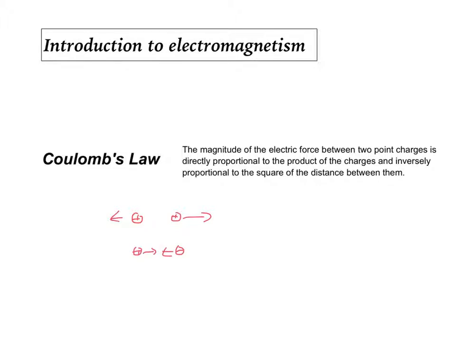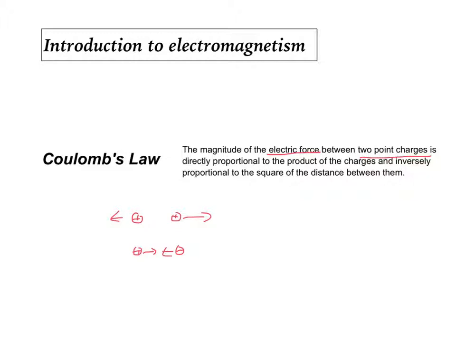And I hope you realize that there have to be forces acting on both charges. And this force is called the electric force. Coulomb's law is going to help us figure out the magnitude of the electric force between two point charges. Remember, it's two point charges.